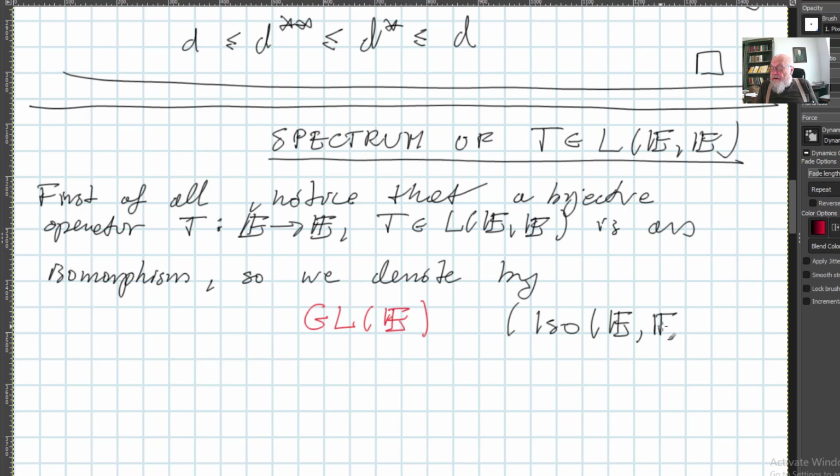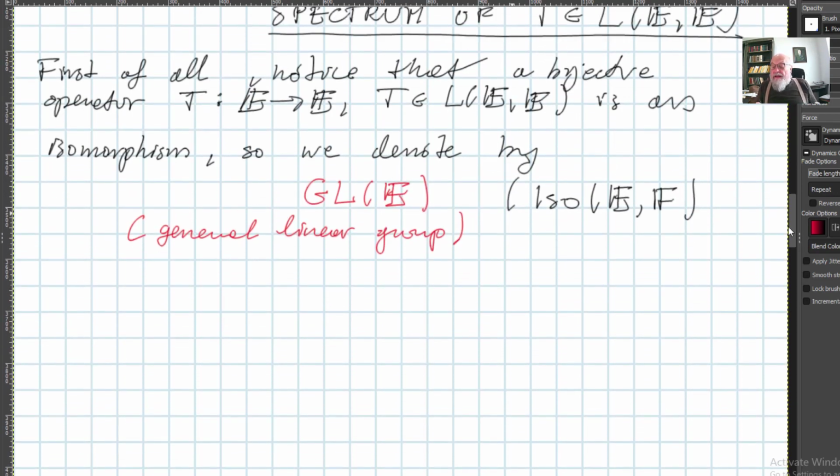This is the set of isomorphisms from one Banach space to another Banach space, which can be written ISO from E to F, but here we write GL because these isomorphisms from E to E are called the general linear group. So this is called the general linear group, and that's the definition. So we start with the definition of this group.